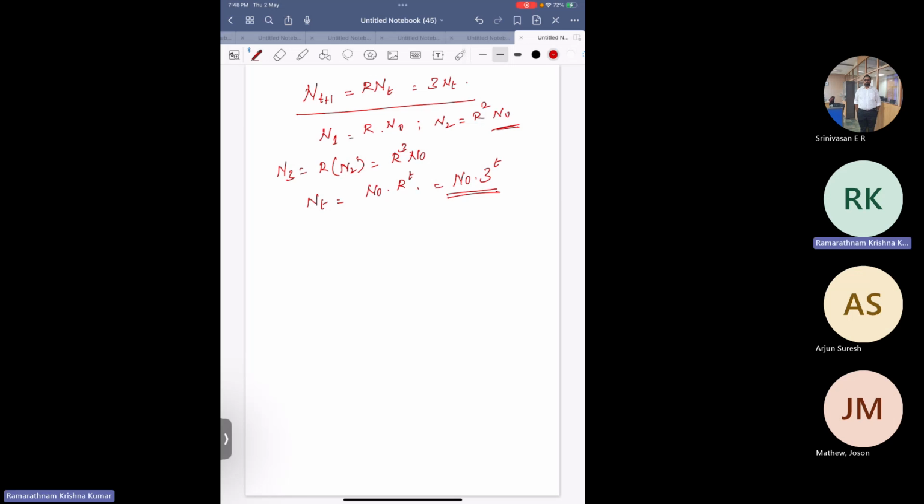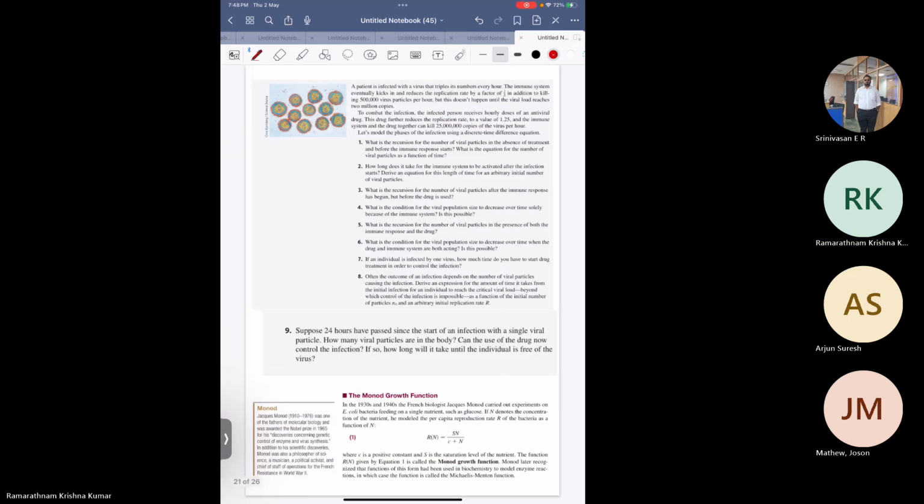Now, what is the question? How long does it take for the immune system to be activated after the infection starts? There is an equation for this length of time for an arbitrary initial number N. So what is it saying? The immune system, when does it kick in?